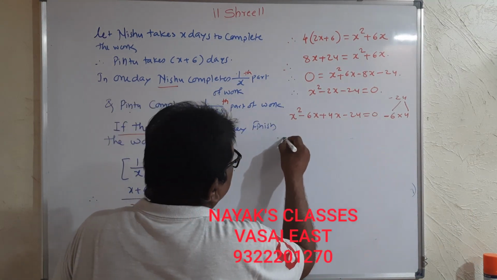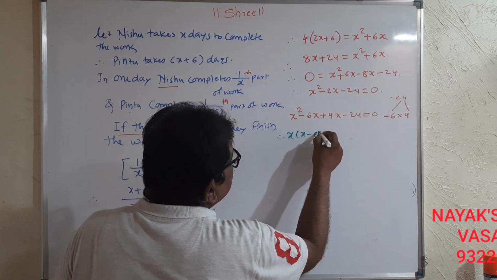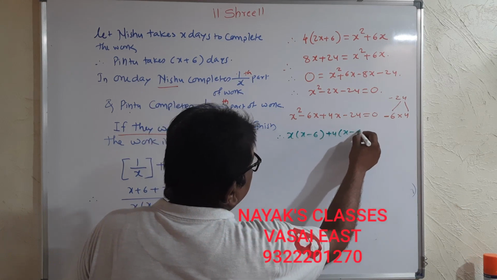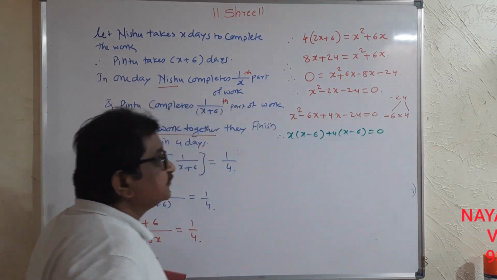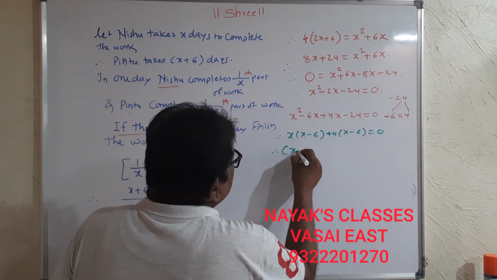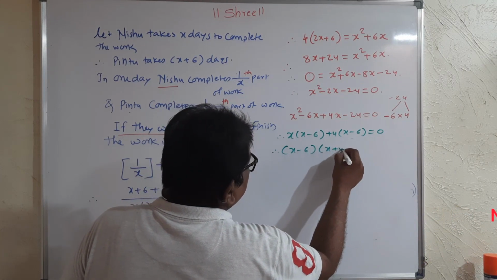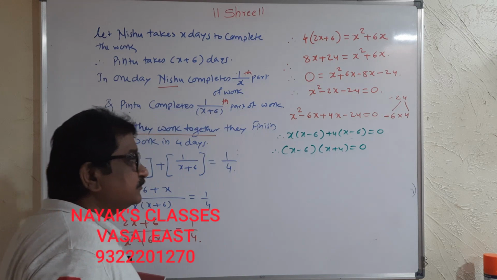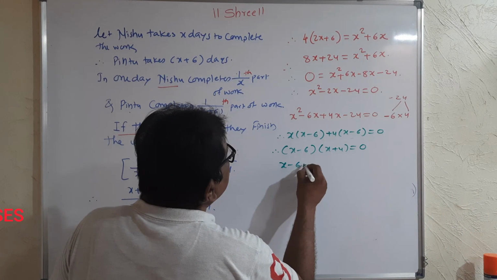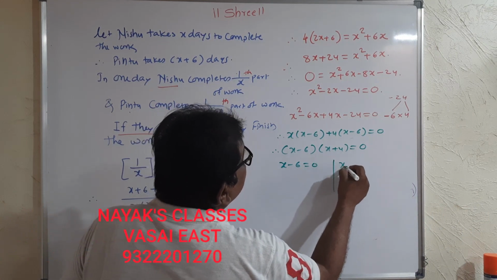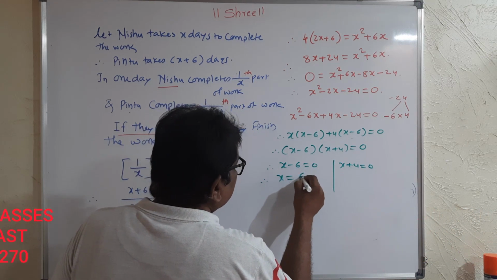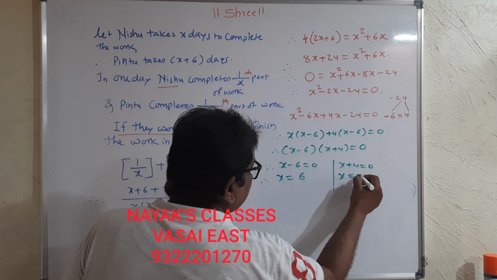So taking out common, x into bracket x minus 6 and plus 4 into bracket x minus 6 is equal to 0. Correct? Therefore, x minus 6 and x plus 4 is equal to 0. And now, equating with zeros, x minus 6 is equal to 0 or x plus 4 is equal to 0. Therefore, x is equal to 6 or x is equal to minus 4.